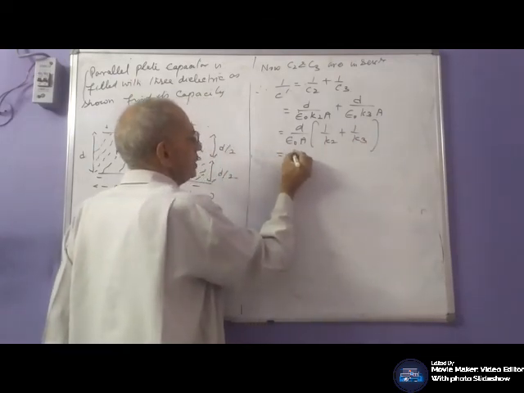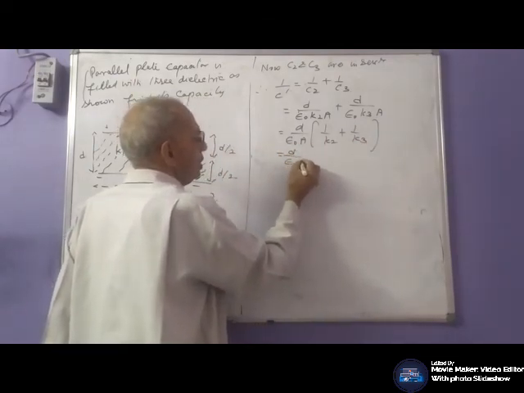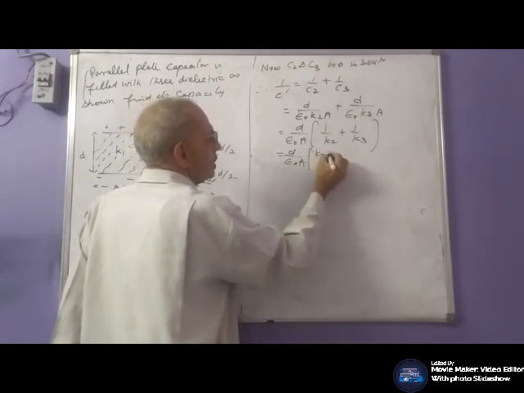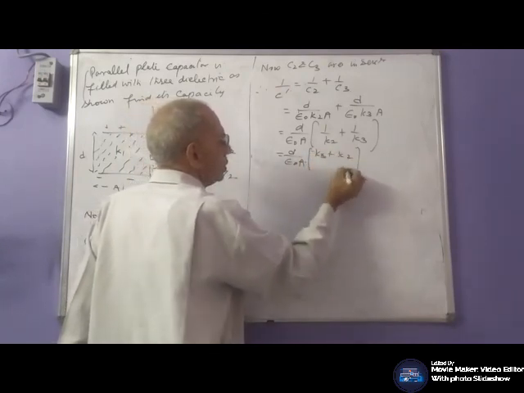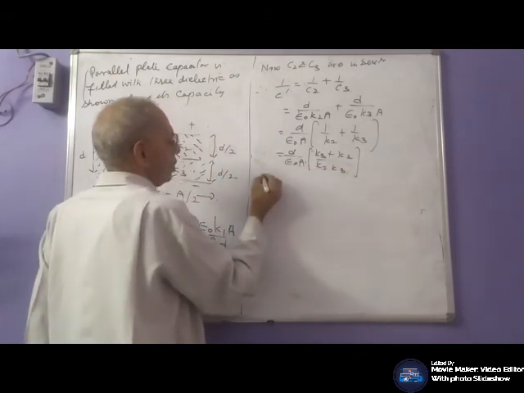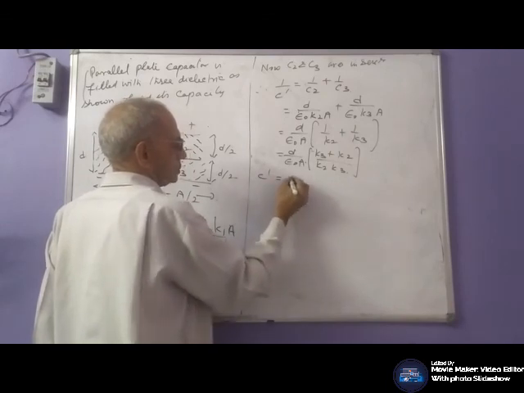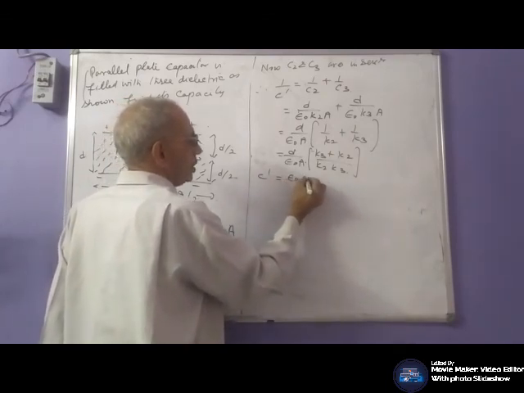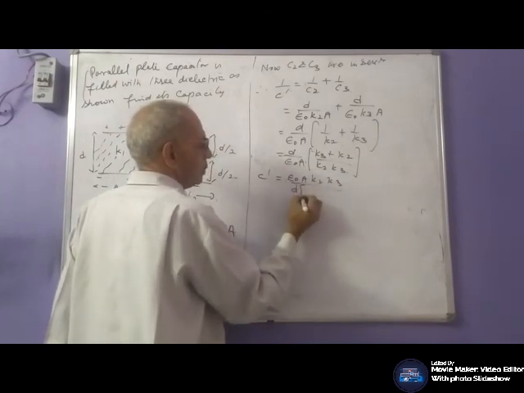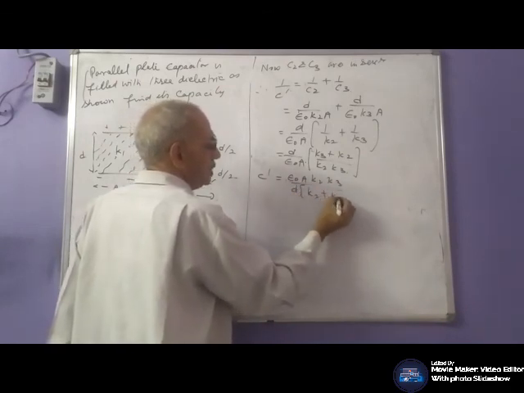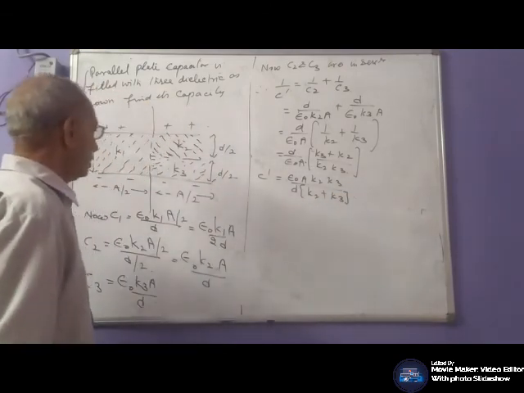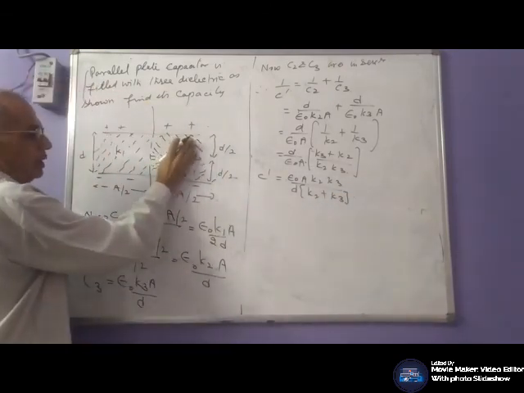It is D by epsilon naught A times K3 plus K2 over K2 K3, and C dash is epsilon naught A K2 K3 by D times K2 plus K3. This is C dash.